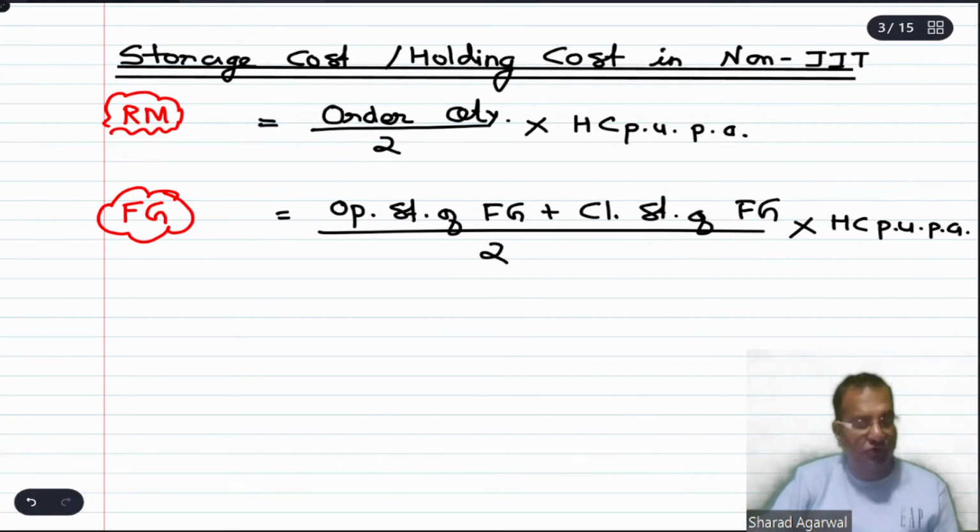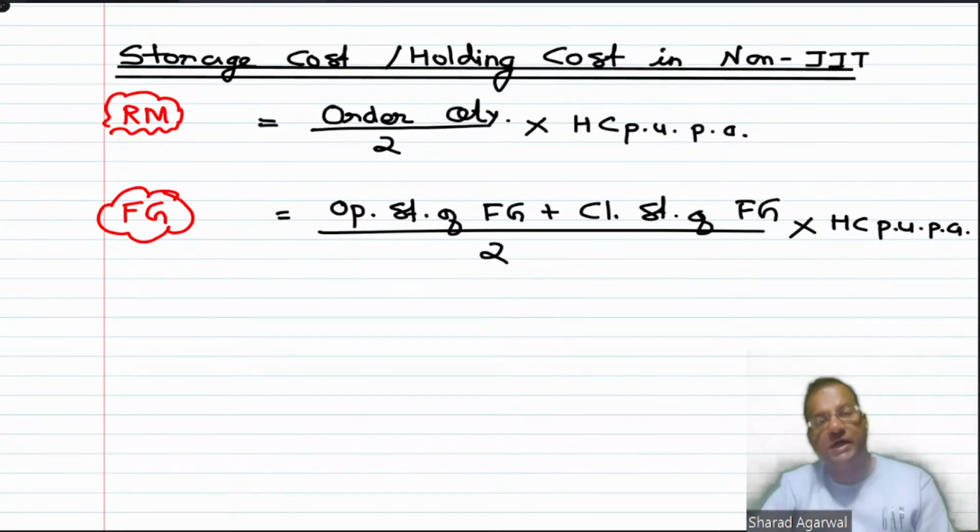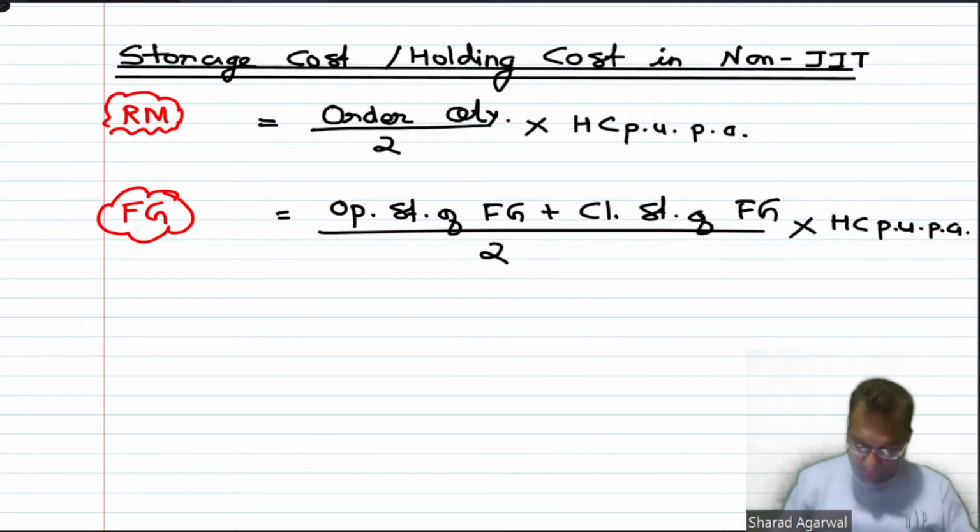So in the question, you have to check, beta, whether you are applying JIT for raw material, that is purchasing, or for production. In case JIT is applied for raw material, the formula is order quantity divided by 2 multiplied by holding cost per unit per annum. In case you are applying JIT for manufacturing, then it will be opening stock of finished goods plus closing stock of finished goods divided by 2 multiplied by holding cost per unit per annum. Clear, beta?